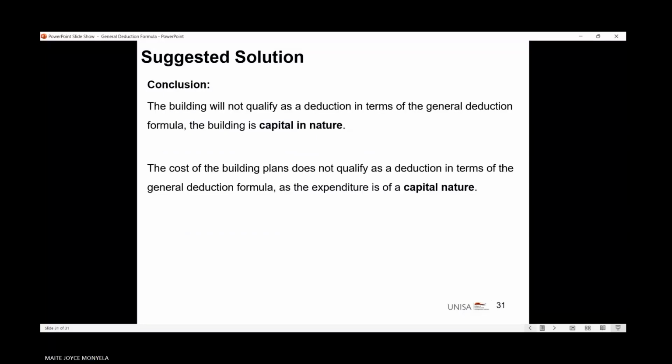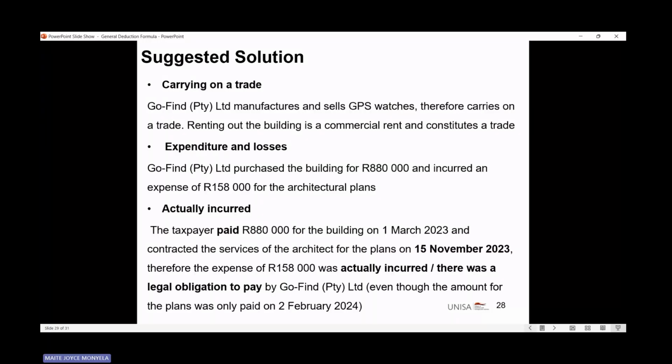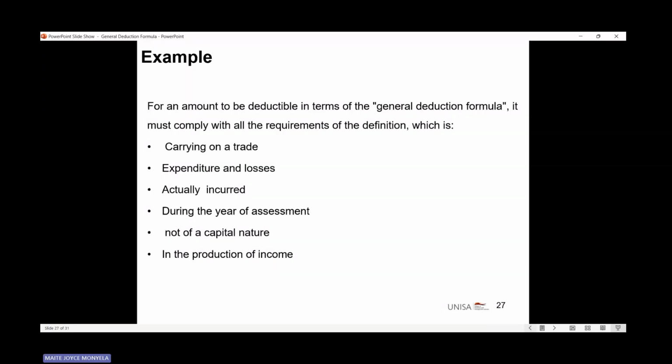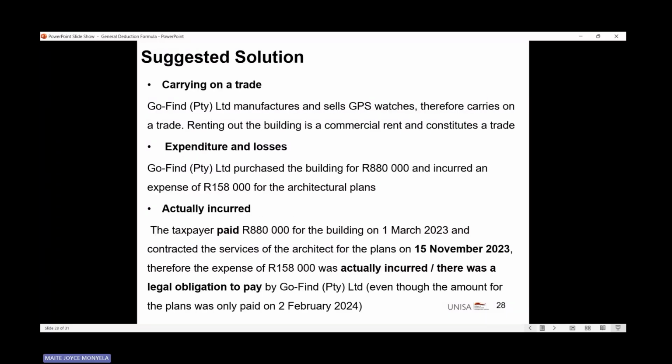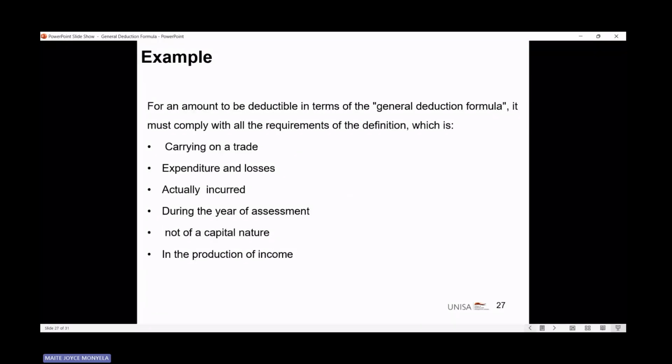Remember, when you answer this question, you must list the requirements in terms of section 11A, and after listing the requirements, you need to apply them. I applied each and every one of the 6 requirements to the question.